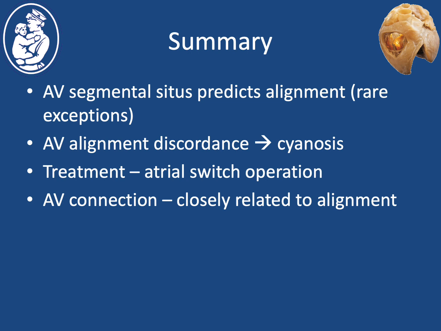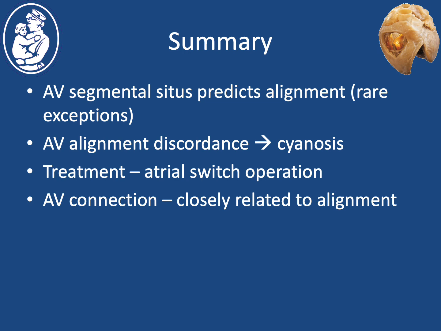Atrioventricular situs, that is the situs of the atria and ventricles, is usually quite predictive of atrioventricular alignment. As we saw before, there are some extremely rare exceptions, but for the most part, once one determines the atrial and ventricular situs, one can predict the AV alignment.